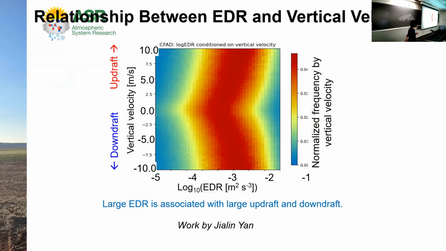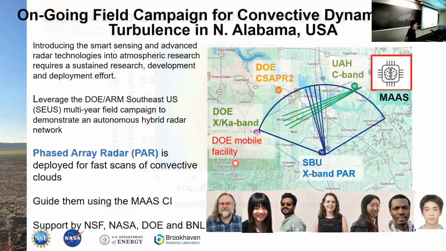Jarin, the PhD student, is working on the turbulence characteristics. This showed the vertical velocity is also associated with strong turbulence. We have an ongoing field campaign in Northern Alabama, where we have a logical radar there. And Stony Brook deployed the X-band phased array radar in Northern Alabama, coordinated with a different project and different field campaign.